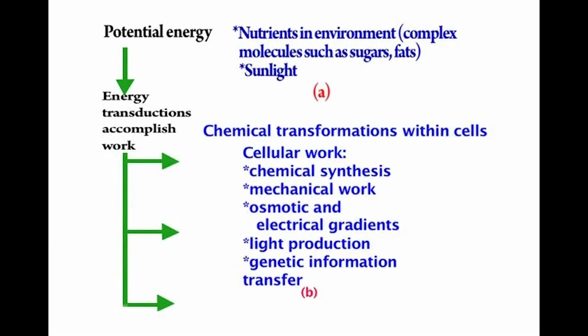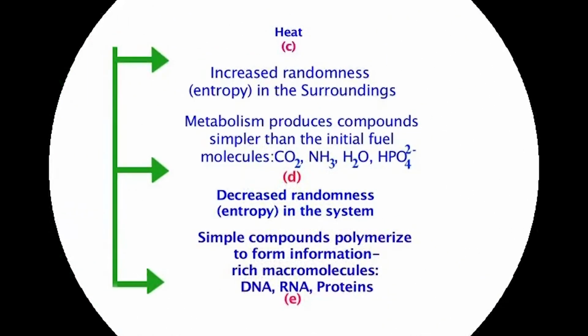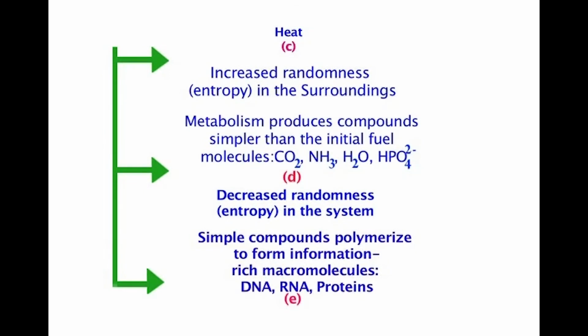This picture shows that the potential energy that a living system derives from the environment through food, nutrients or sunlight is transduced to accomplish work through chemical transformation within the cell, and it gives out heat into the environment, and there is increased randomness, called entropy, of the surroundings, and decreased randomness, or entropy, in the system. So, through these processes, energy from the environment is converted into chemical energy and heat energy under the theory of biophysics.